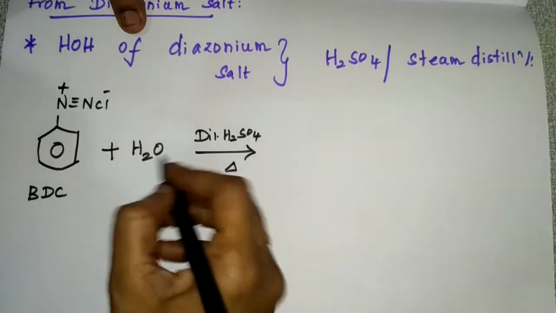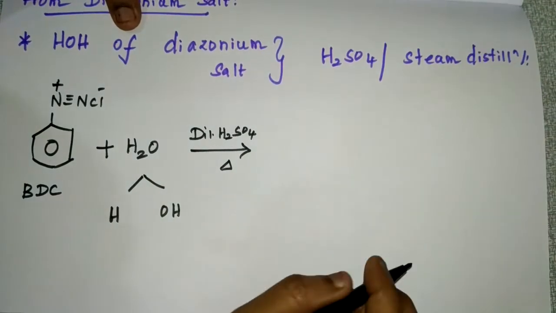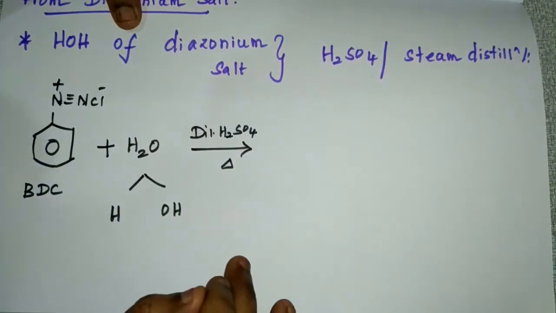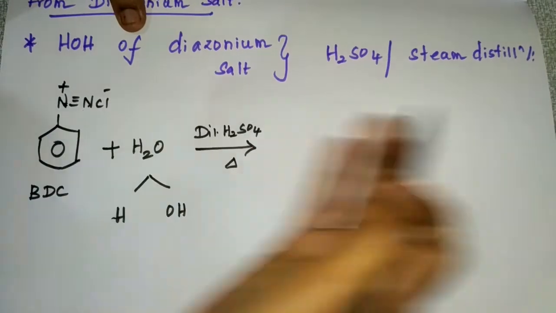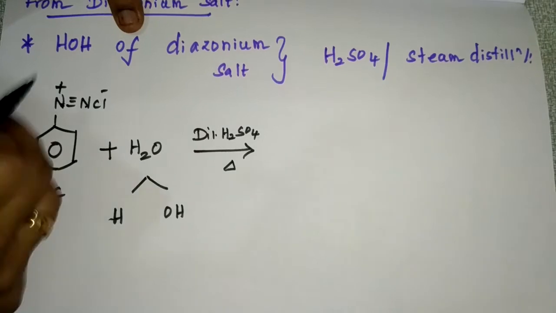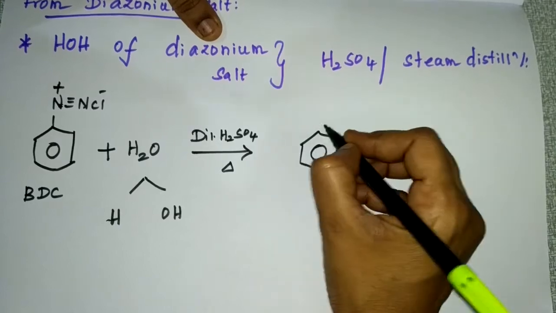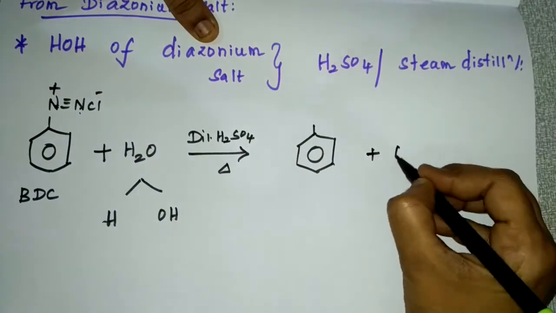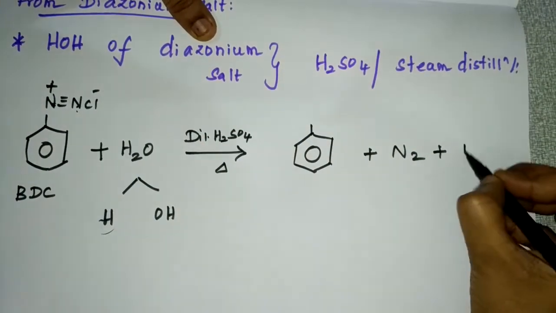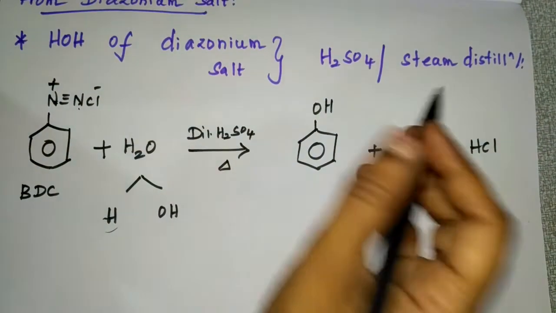Water gives H plus and OH minus. When you are boiling it, nitrogen gets removed as N2 gas, hydrogen and chlorine come out as HCl, and the OH takes the place of the diazonium group.